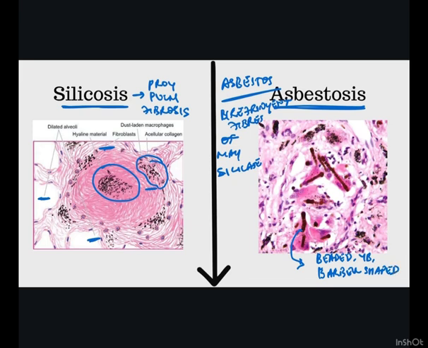Now why is it yellow brown? This yellow brown is due to deposition of hemosiderin. Where does this get lodged? It gets lodged in the alveoli of the lungs. This is demonstrated by the Prussian blue reaction.